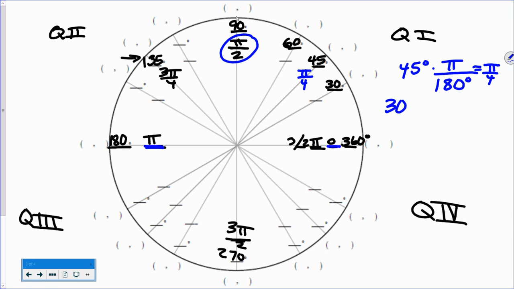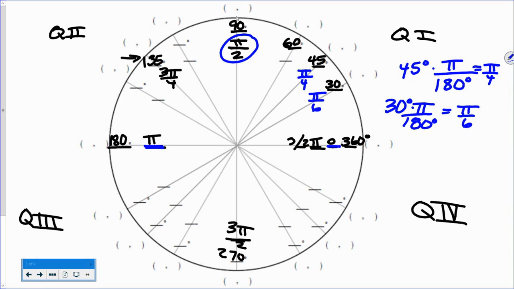So 30 degrees, if you multiply that by pi over 180, you're putting 30 over 180. If you divide out 30, we'd be left with pi over 6. So pi over 6 represents 30 degrees. They're the same angle; one's in radians, one's in degrees.